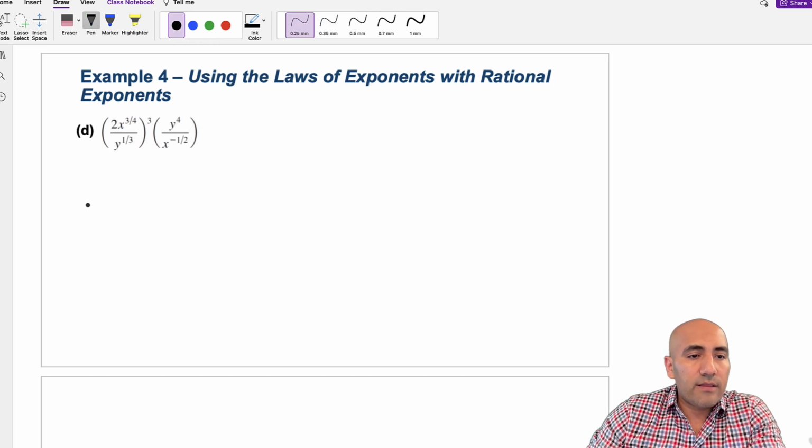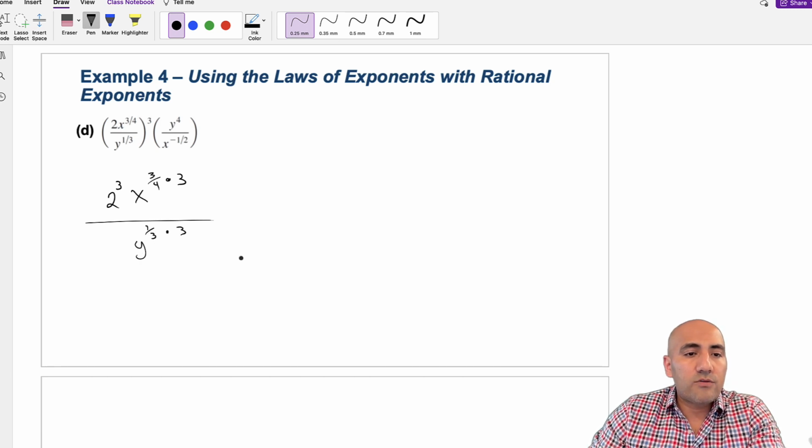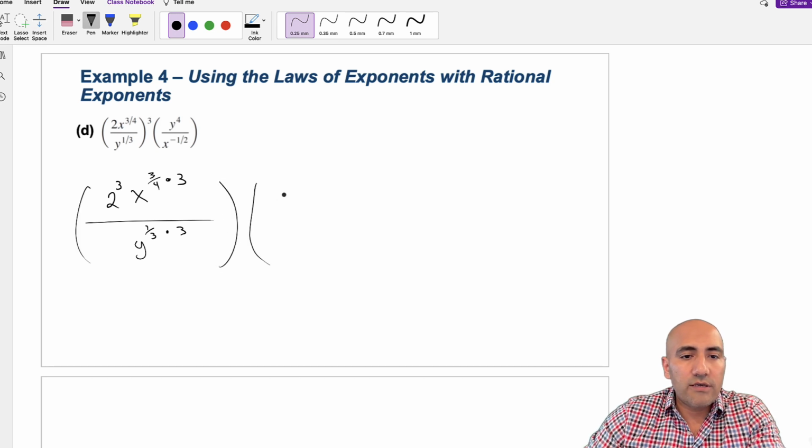This 3 then becomes 2 to the power of 3, x to the 3/4 times 3, divided by y to the 1/3 times 3. Okay, and then the other fraction is y to the 4th power divided by x to the negative 1/2 power.